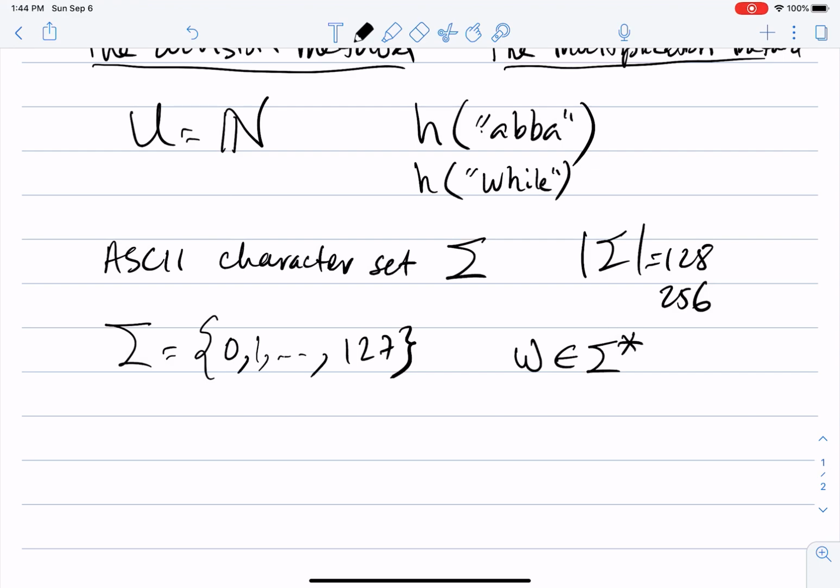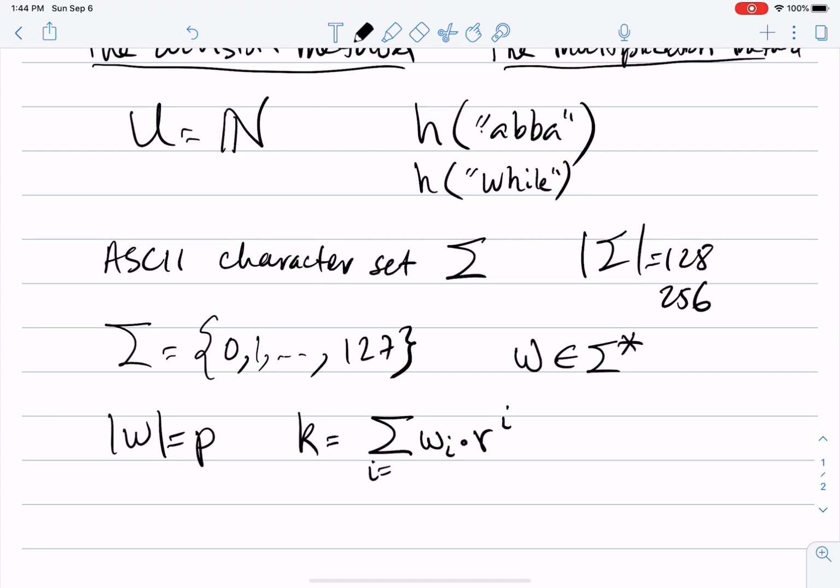Let's assume first the length of W is P. I can take the value K of that string as the sum of W_i times R to the i, where i equals 0 to P minus 1. And in this case, R would be the size of the alphabet. So for example, in our case, R would be 128.